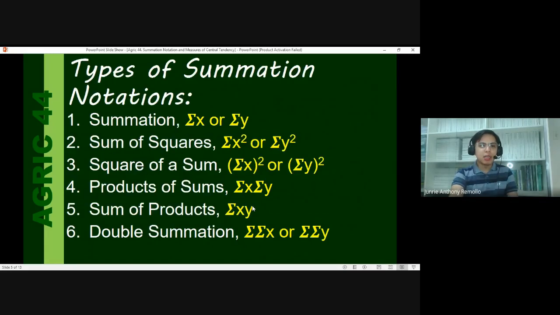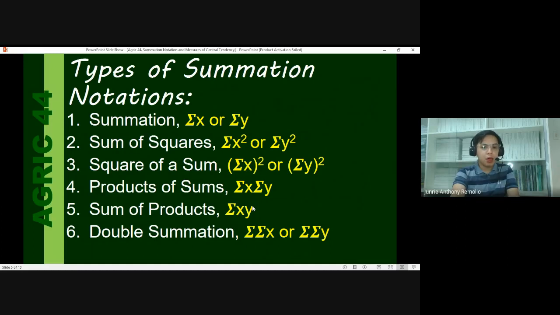So at this time, we will discuss the 6 types of summation notation. First, the summation. It could be summation of x or summation of y, where x and y represent the variables. We could also name it summation of z if you want. Number 2, sum of squares, either summation of x squared or summation of y squared. Third, square of a sum, wherein we square the summation of x, or square the summation of y.